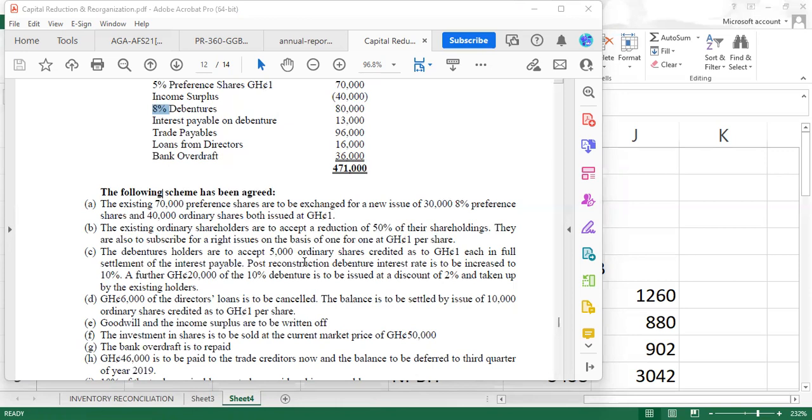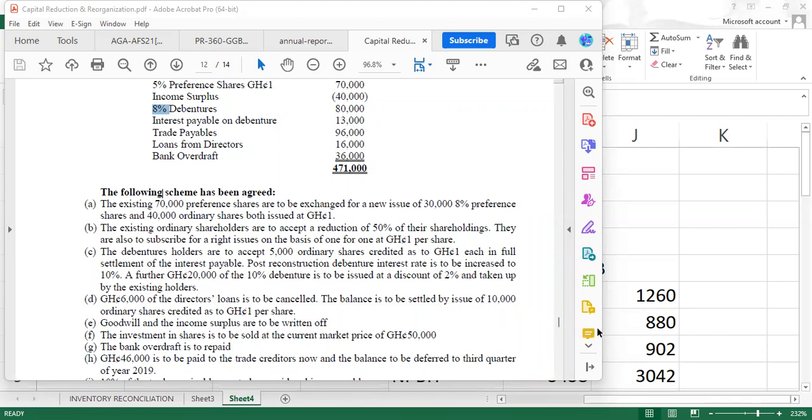What is the actual value of the debenture, the new issue? 20,000. But what is happening? We are giving them a 2% discount. Are you getting it? So how much are they going to pay to us? 19,800, isn't it?